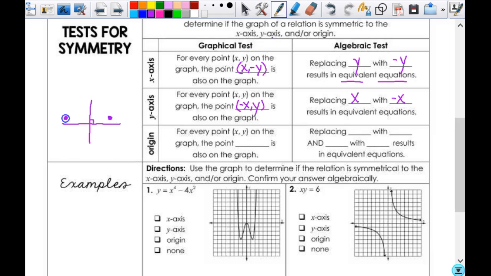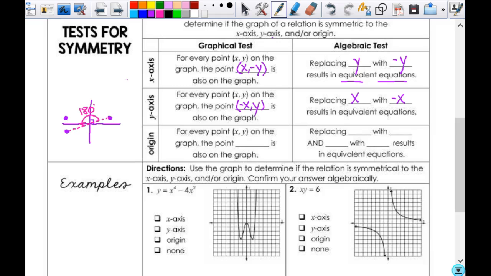And then if I reflect that point in the x-axis, it's going to end up somewhere down there. So I just did two reflections in intersecting lines. That's the same as taking this point right here and rotating it 180 degrees. Okay? Does that make sense to you?